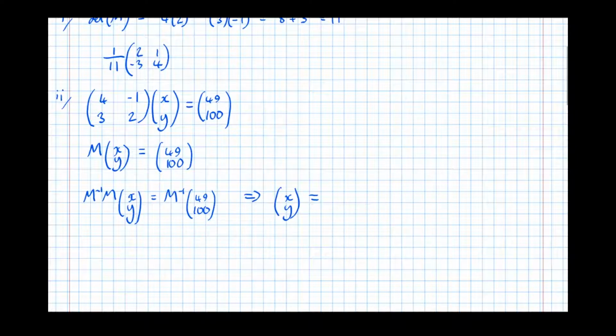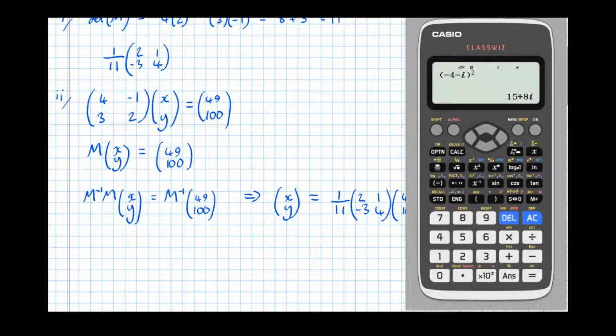So, multiplying that out, we get an 11th, 2 minus 3, 1, 4, times 49, 100, equals, okay, well, we'll keep the 11th at the front for now. We'll do the 11th later. So 2 lots of 49 plus 100.